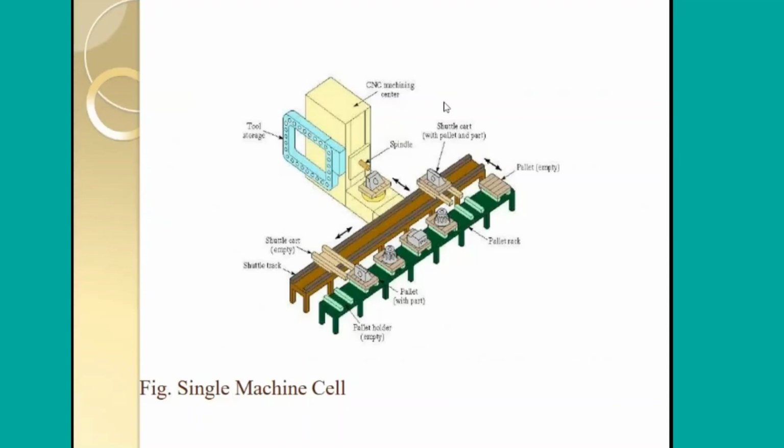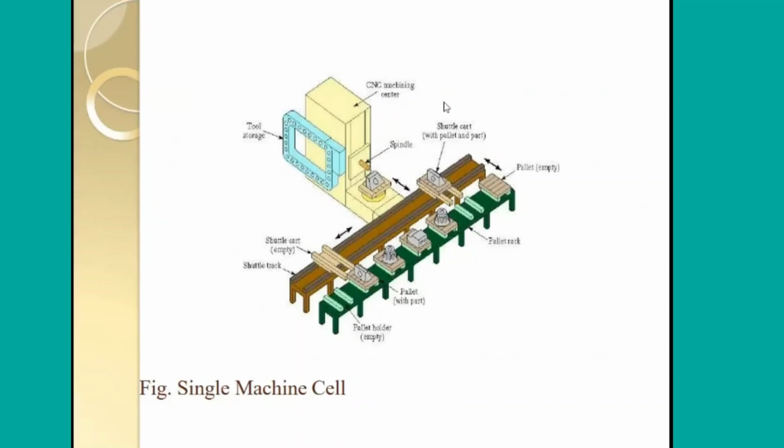Loading and unloading also take place here, and different geometric workpieces are machined, but a single machine is used for machining. A tool store is also available in the machine center to change the tool according to the operations. So this is a single machine cell.